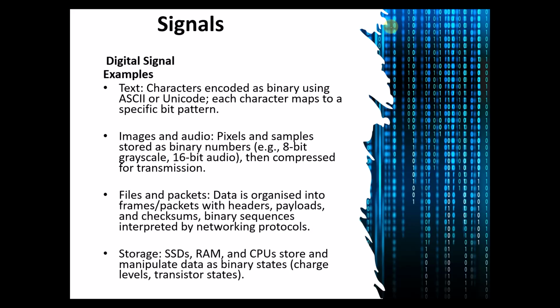When a transistor is on, it's at a high charge level, and then a bit 1 is generated. So always the signals are discrete but not continuous. It is either a 1 or a 0, or an off or an on. That is what we mean by digital signals.